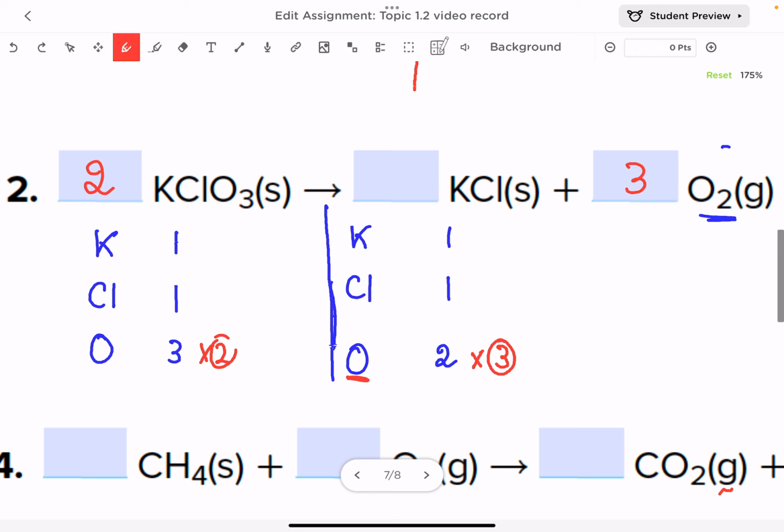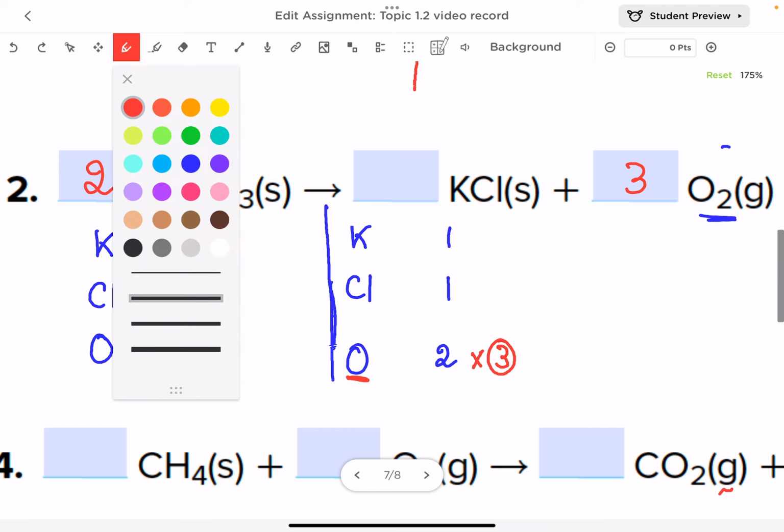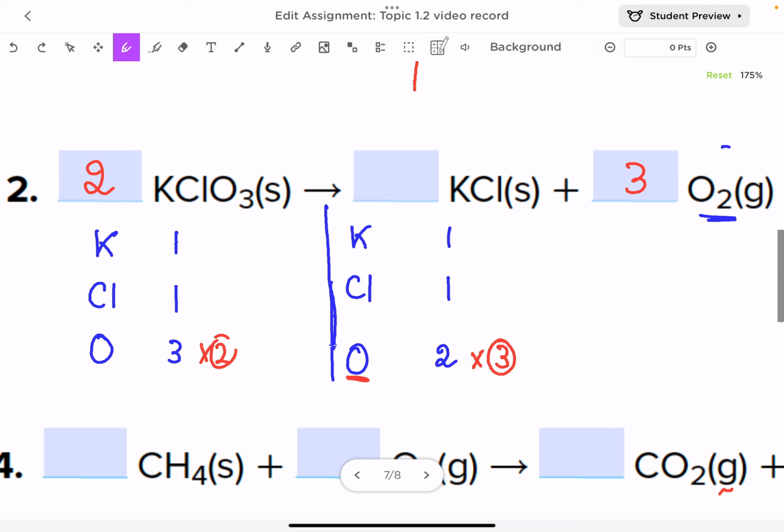After we do our multiplication, we recalculate. I have 2 potassium, 2 chlorine, and now 6 oxygen. Here only the number of oxygen changed to 6.